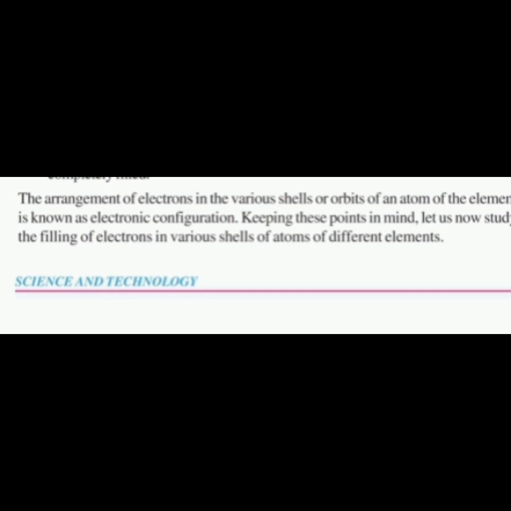So we saw the arrangements of electrons in the various shells and orbits of the atoms, which is known as electronic configuration. Now we are going to study how we have to fill the electrons in various shells of atoms of different elements. First one.